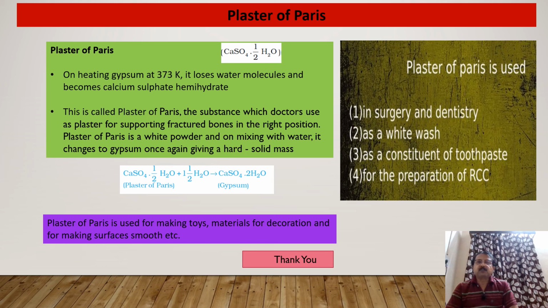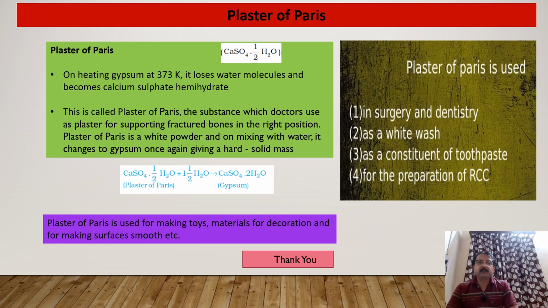It is the substance which doctors use as plaster for supporting fractured bones in the right position. Plaster of Paris is a white powder, and on mixing with water, it changes to gypsum once again, giving a hard solid mass.